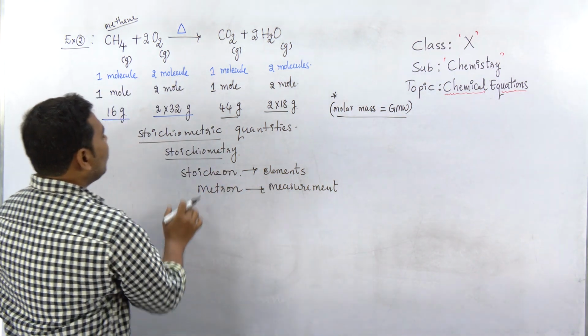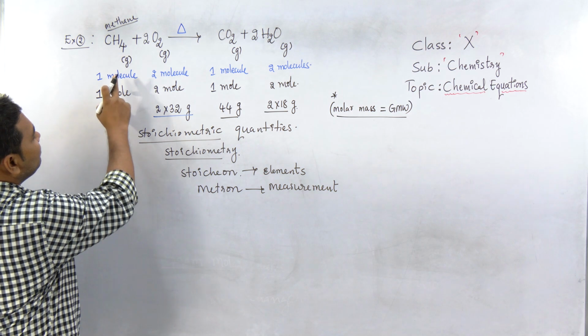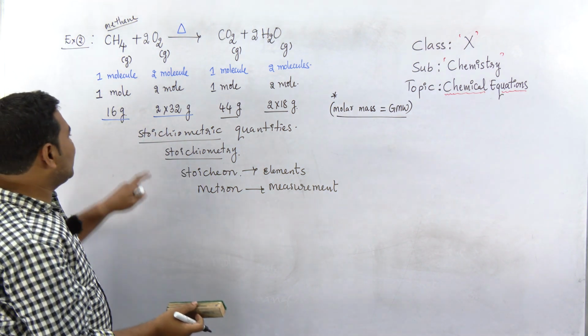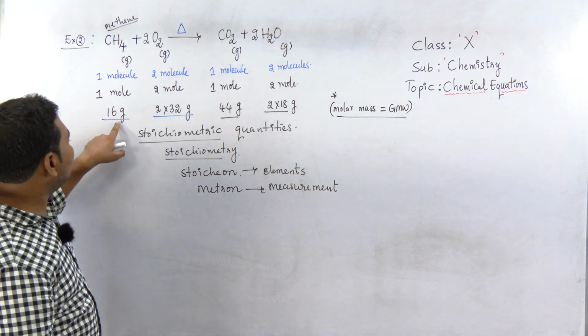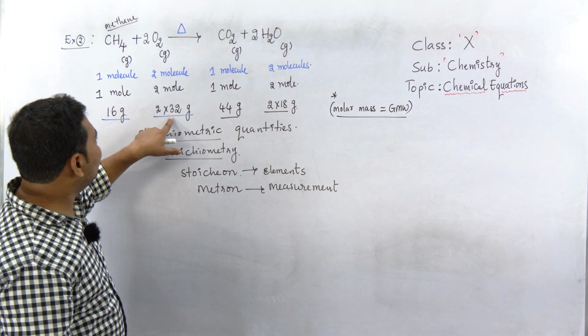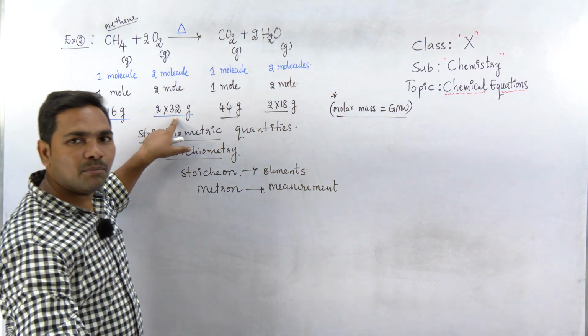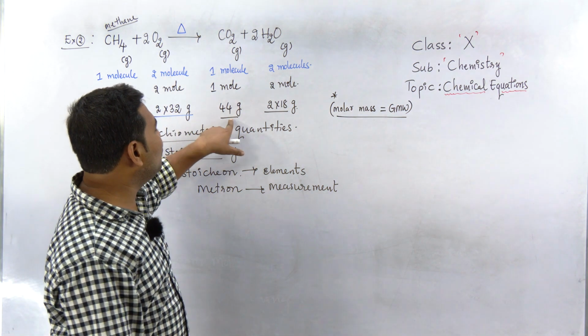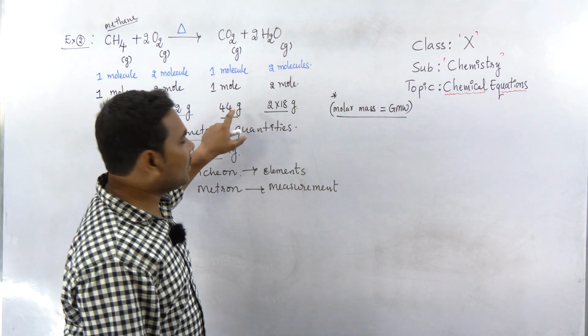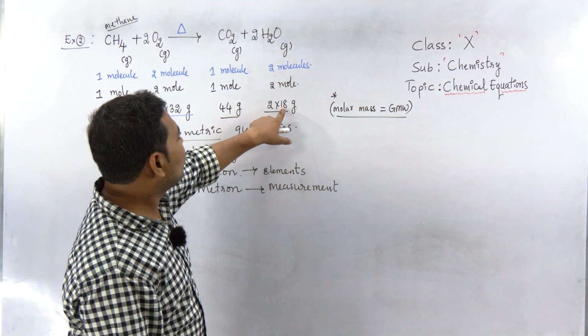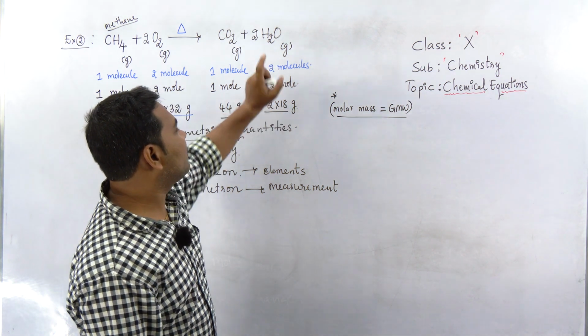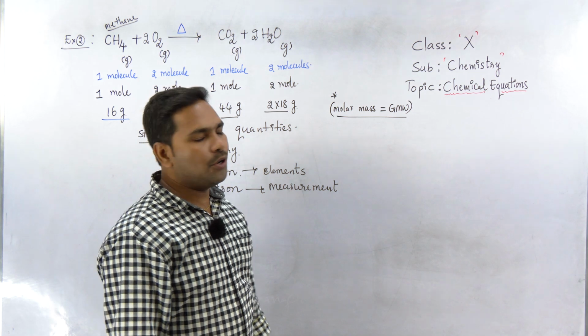So stoichiometric quantities, 16 grams of methane. From this what we understand is 16 grams of methane require 64 grams of oxygen for completely burning and produce 44 grams of carbon dioxide and 36 grams of water, right?